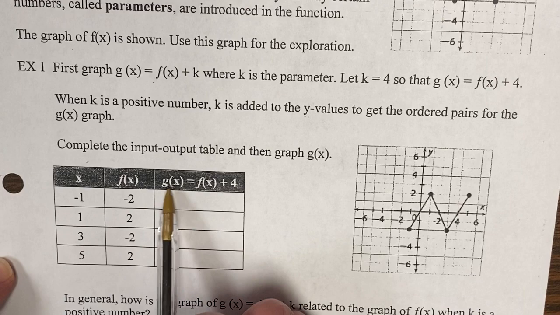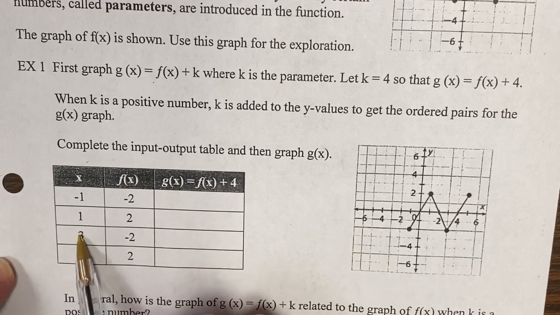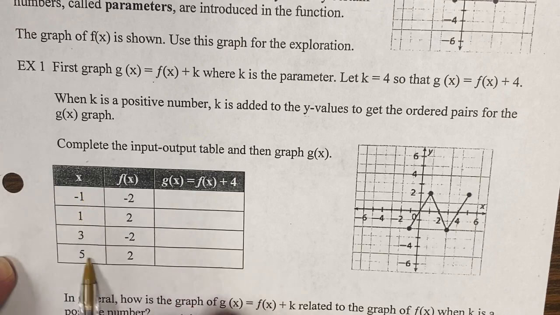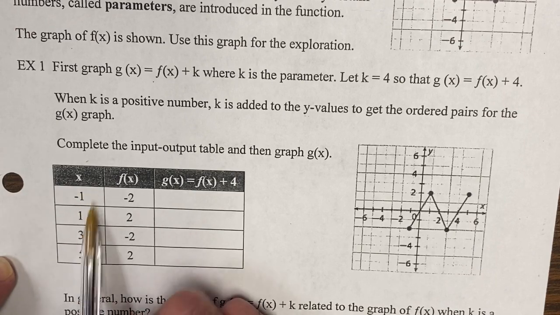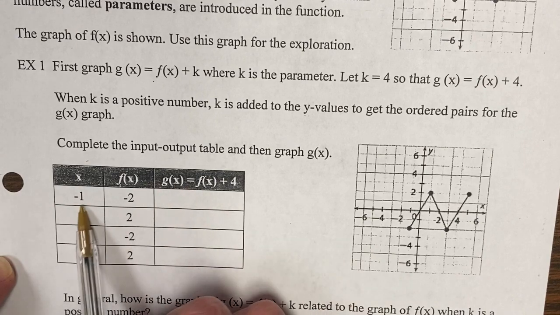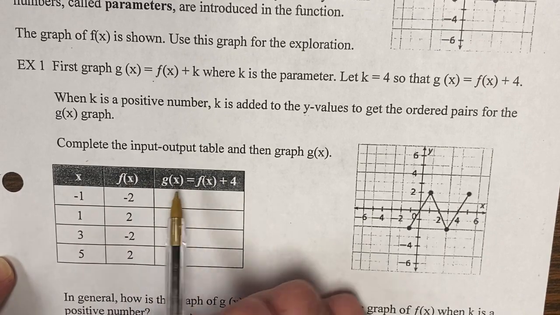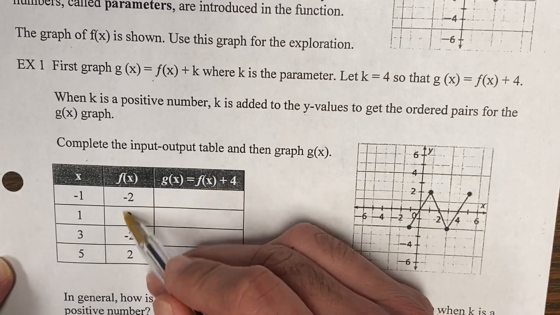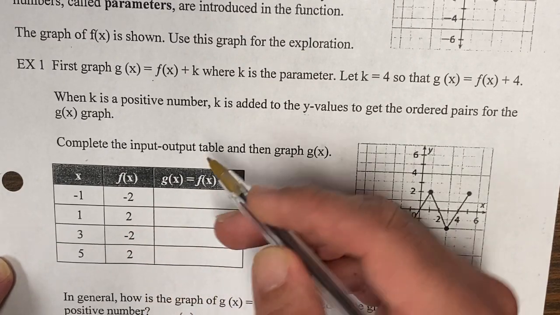So to get g of x, we're using the same set of values. Remember, the inputs are arbitrary. You could pick any input you wanted to. These are just the ones that happen to be there. It's the outputs that are going to change depending on the function. So g of x is just f of x, these values, plus 4.